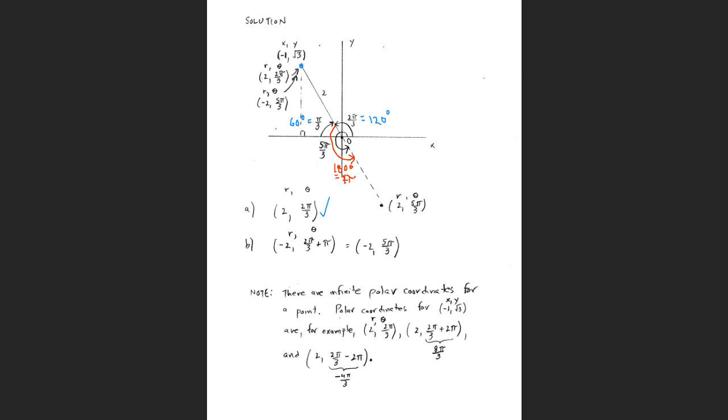So 2 pi over 3 plus pi is equal to 5 pi over 3.